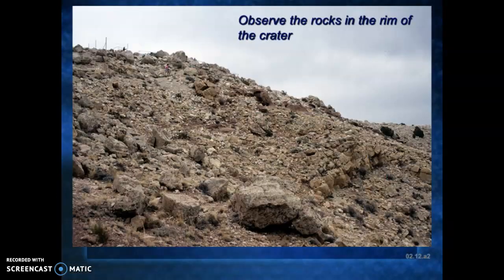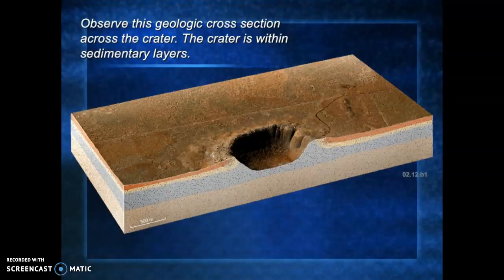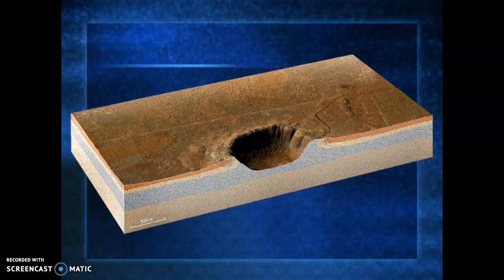In this case, we can observe the rocks in the rim of the crater, and we find angular blocks of fractured rock. We might look around the edge of the crater. We see that it's pried up some sedimentary rock layers.